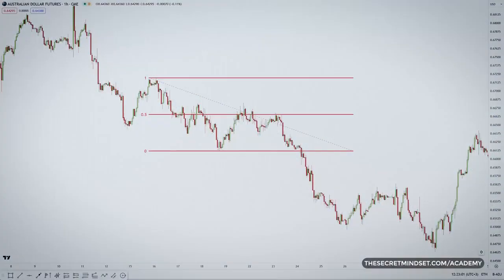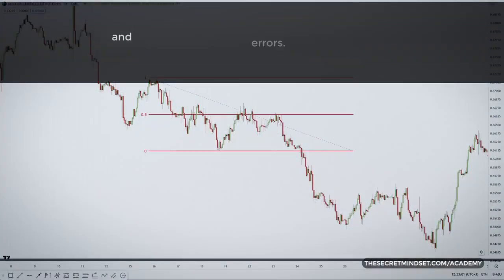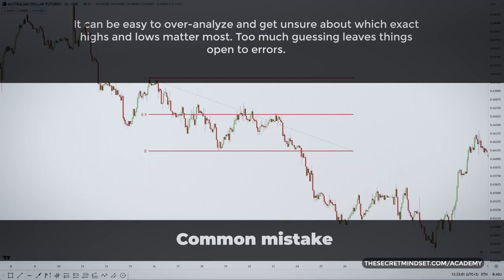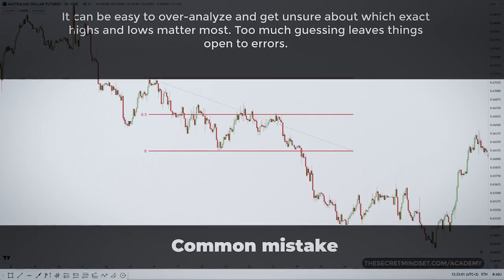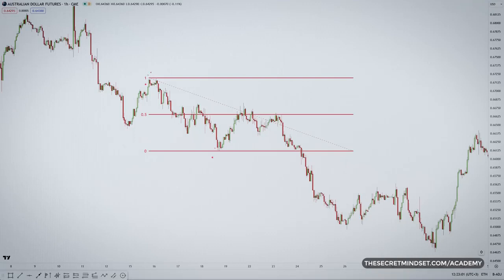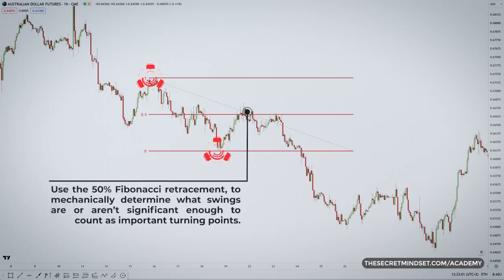When you analyze market structure, it can be easy to overanalyze and get unsure about which exact highs and lows matter most. Too much guessing leaves things open to errors. So I like the idea of having a set method using the 50% Fibonacci retracement to mechanically determine what swings are or aren't significant enough to count as important turning points.